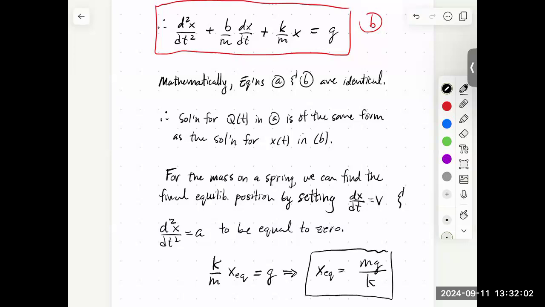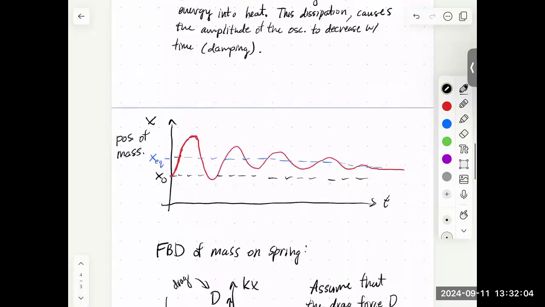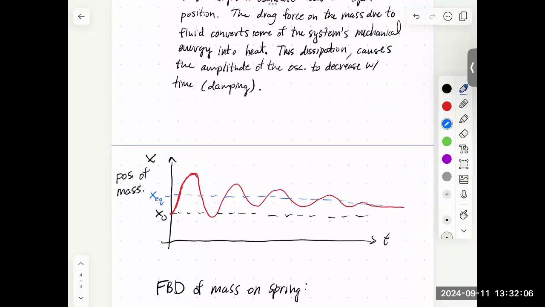So if we go back to our plot here, this X equilibrium we've discovered is mg over K. All right. Now I'm not going to pretend like our little hand wavy argument is a rigorous calculation. There are things that we don't know about this.